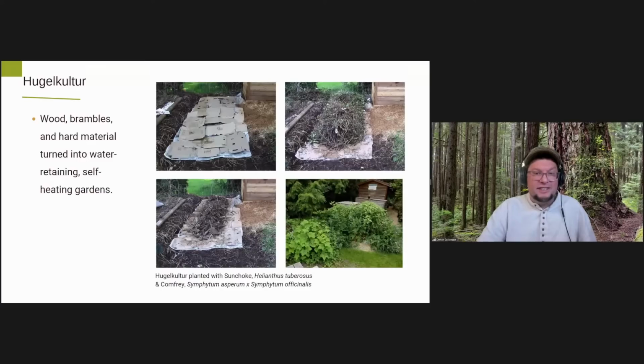Surrounding the compost, there are rotating hugelkultur beds where wood, brambles, and other woody material from the gardens that don't work so well in the compost are decomposed as sort of living compost gardens, hosting sunchokes and other spike root plants that benefit from the garden's ability to hold water in its organic matter and generate internal heat year-round while decomposing.